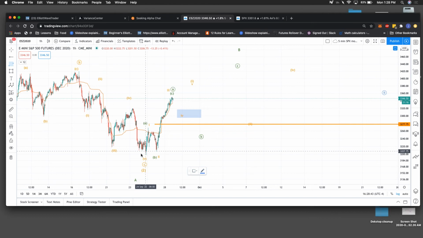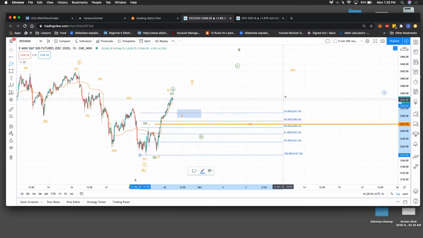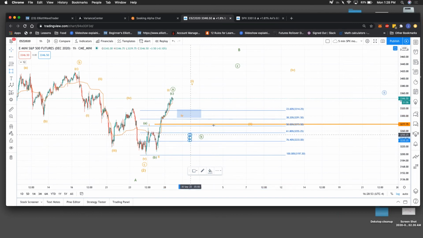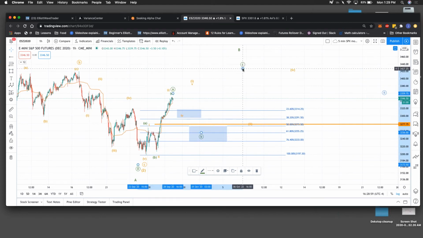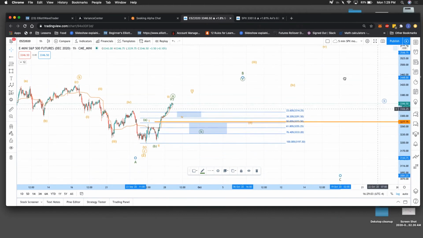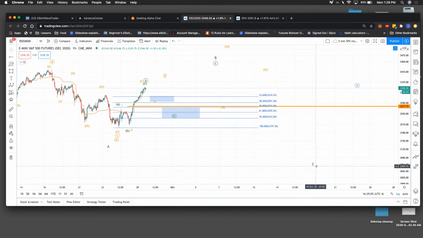At that point, we'd be looking for support for the B wave from 32.73 down to, I would say, this region here. And then we would head up in a C wave of B, and from there we would expect to head down in the C wave.